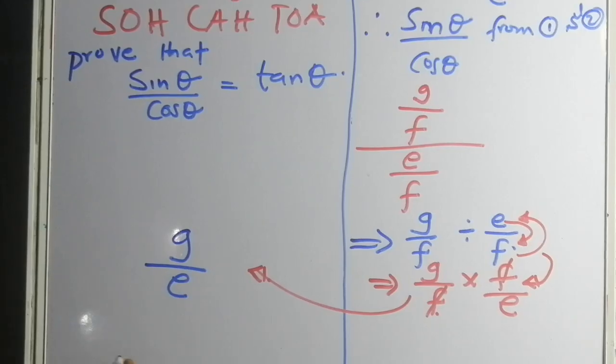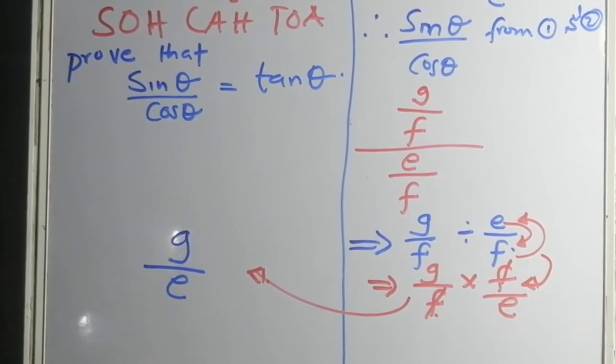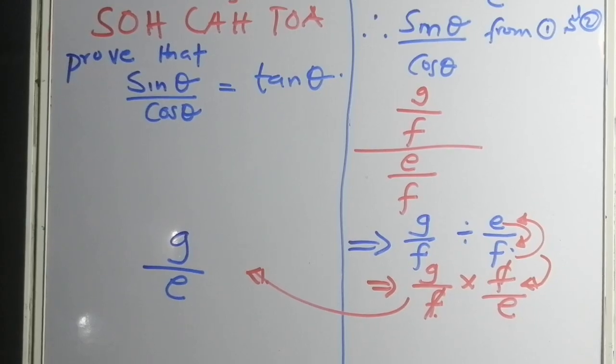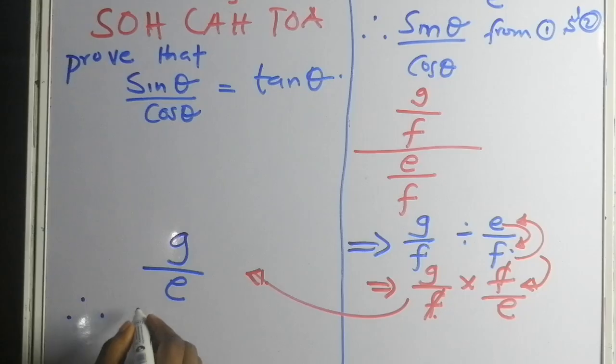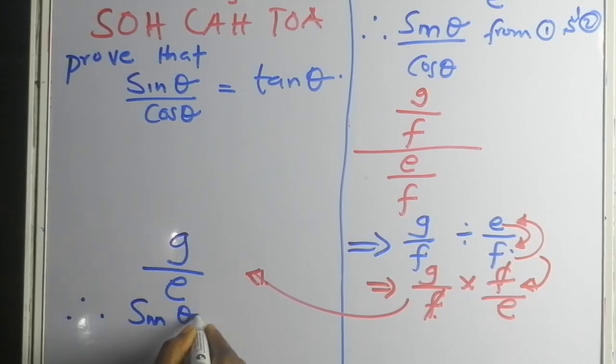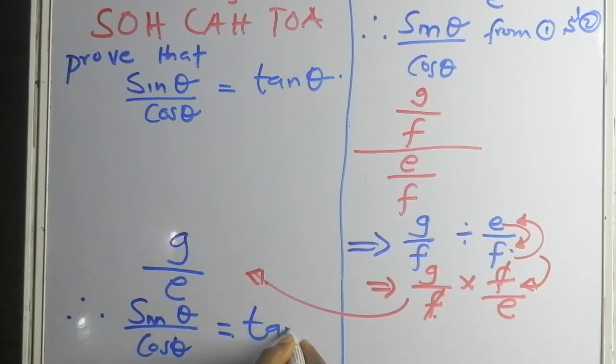That is the same thing as tan theta, which is G over E. Therefore, you can now conclude that sin theta over cos theta equals tan theta. It's as simple as that.